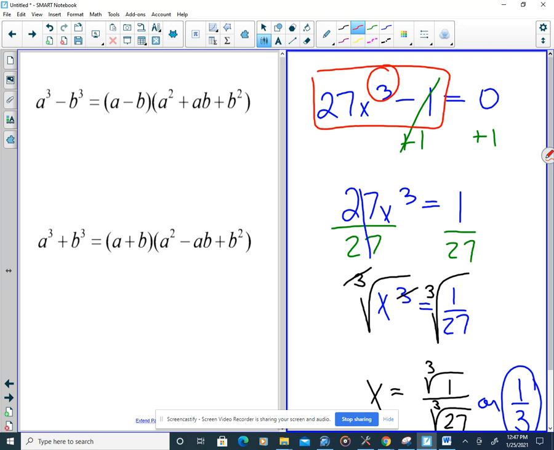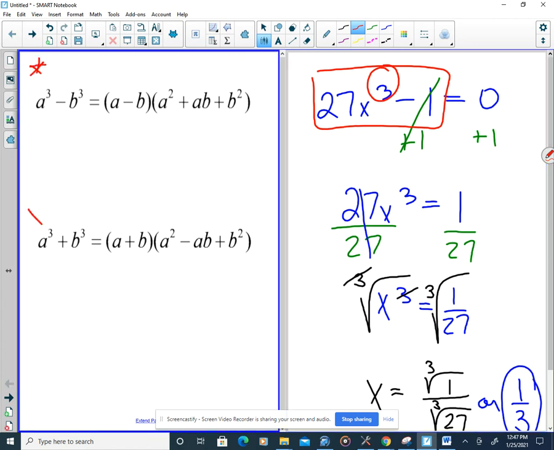All right, so over to the left side here, I got these 2 equations. Both of these equations have some similarities. This is how you can factor a sum or a difference of perfect cubes. What I have at the top, a cubed minus b cubed, is called a difference of perfect cubes.